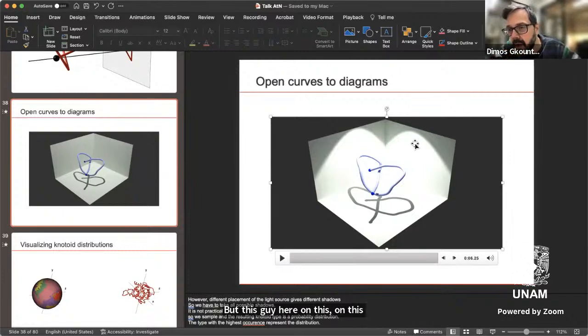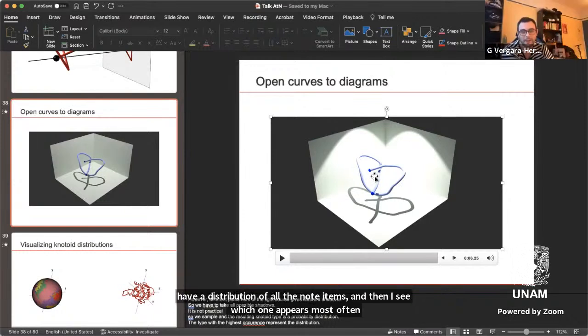So you need somehow to make up for this. And how you make up for this is you consider everything. You say, I have a distribution, I don't have a single knotoid type. I have a distribution of all the knotoid types, and then I see which one appears most often. I see.